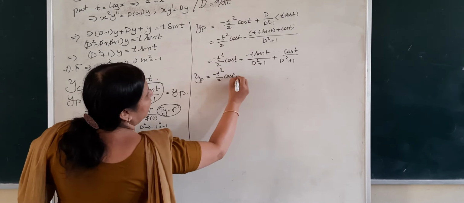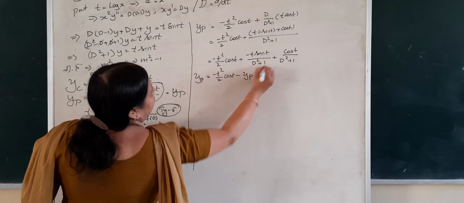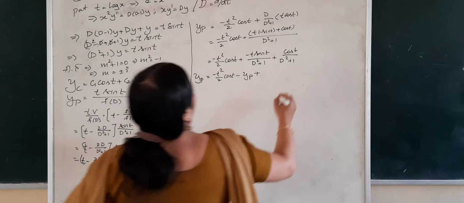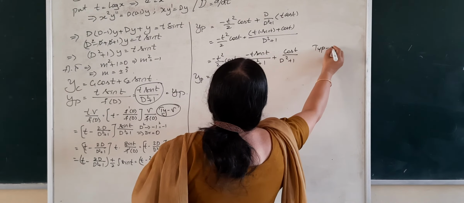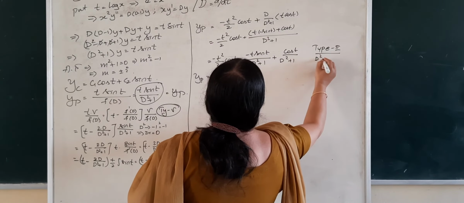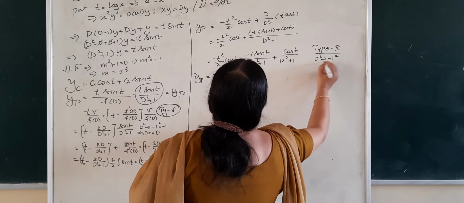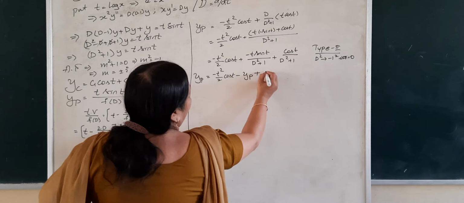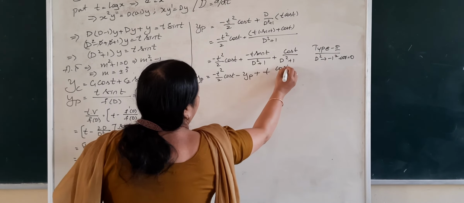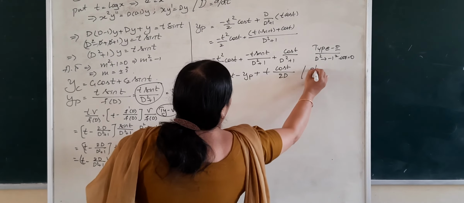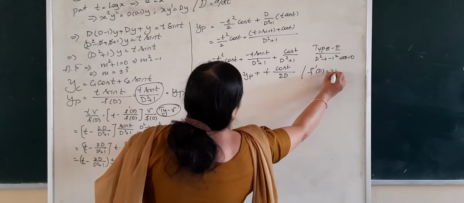This is plus into minus is minus yp plus cos t by d square plus 1. Here I am going to apply type 2. That is d square is replaced by minus 1 square, implies my denominator is going to be 0. Therefore t cos t whole divided by 2d, where f dash of d is equal to 2d.